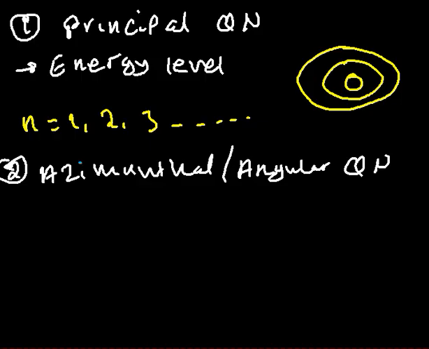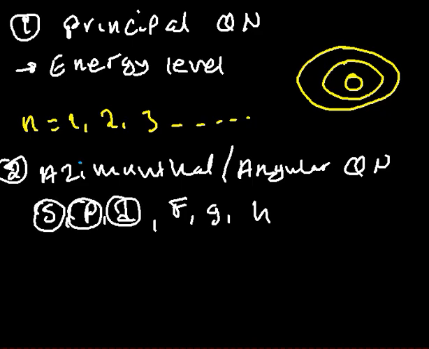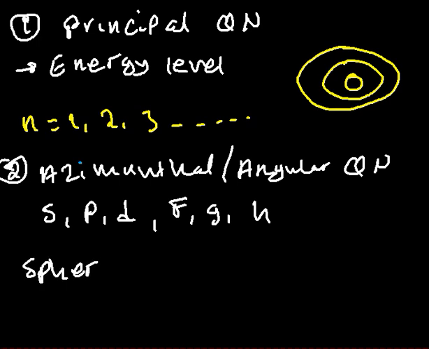In a given energy level, the subshells are denoted as S, P, D, F, G, H. The shapes of these subshells are described by the azimuthal quantum number. The S subshell has a spherical shape.